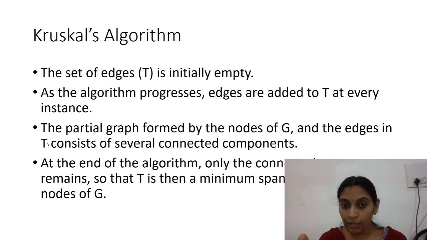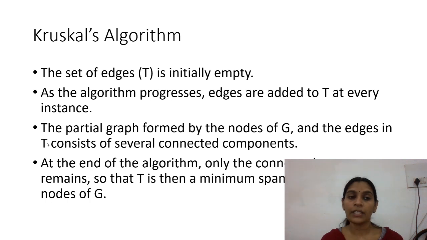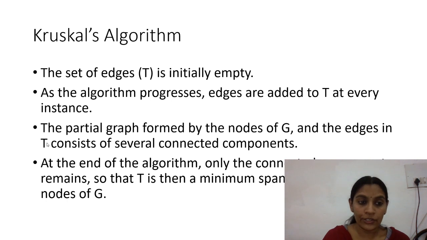We are given a graph with a set of vertices and a set of edges. Since we are finding the minimum cost spanning tree, definitely all vertices will be there, but we are worried about the edges. So we have to select only those edges which are of minimum weight. That is why we are adding edges. So we will be dealing with edges here.